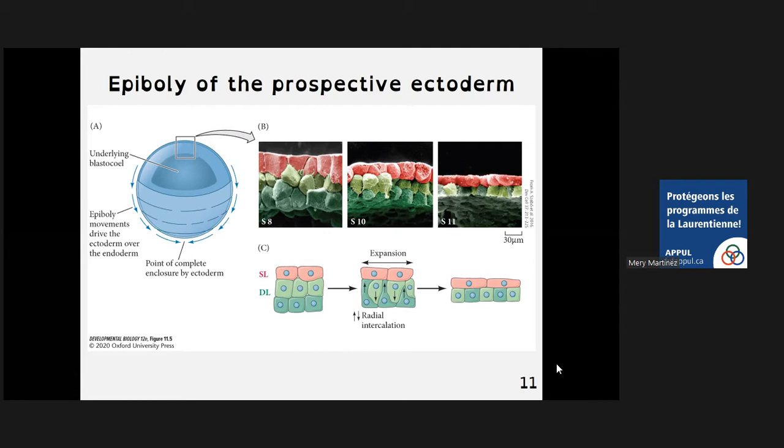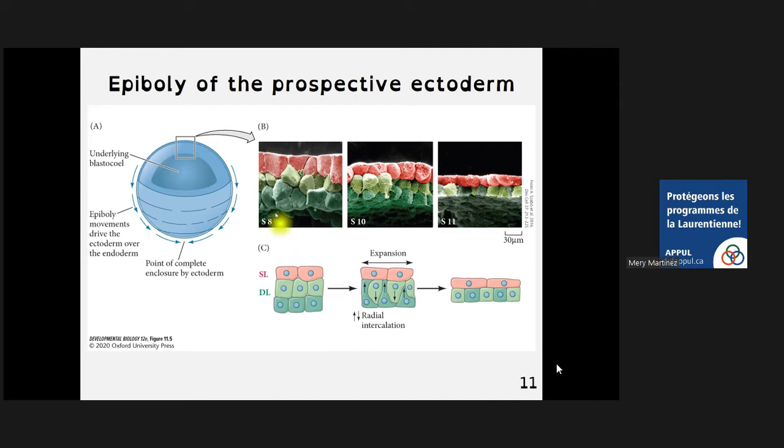Now, in order to stretch, two things must occur, okay? One is an increase in the number of cells through cell division. Okay, so we're going to have a layer that's going to allow the division of cells. And second is the integration of several deep cell layers into the upper cell layer.